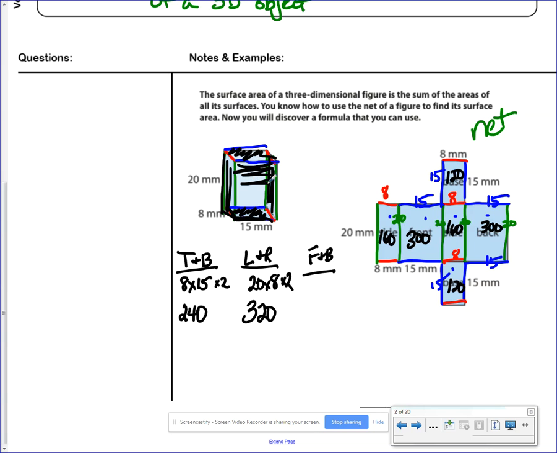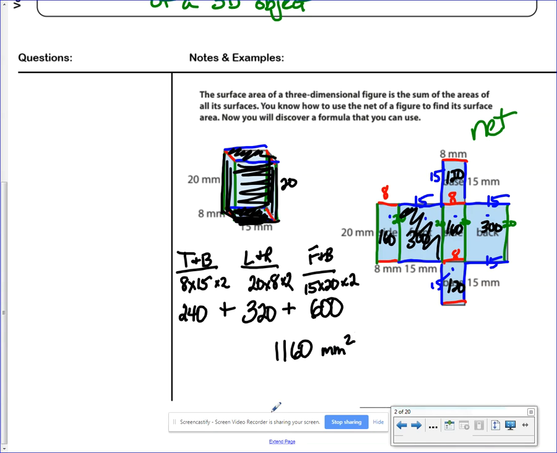That's this guy right here, which happens to be 15 by 20. Okay, so that's these guys here. 15 by 20. And there's two of those. That gives me 600. Add these all together. 5, 6, 6. I get this, I believe.